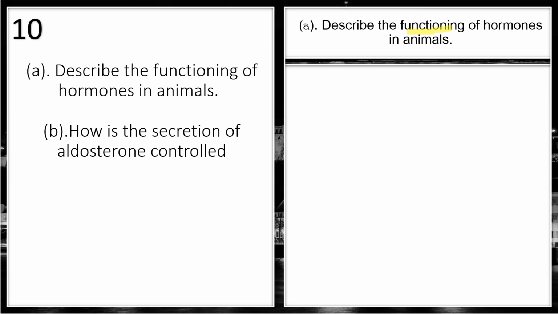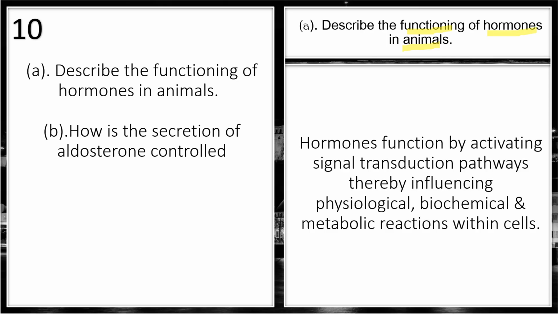Describe the functioning of hormones in mammals. Hormones function by activating signal transduction pathways, thereby influencing physiological, biochemical, and metabolic reactions within the cell.